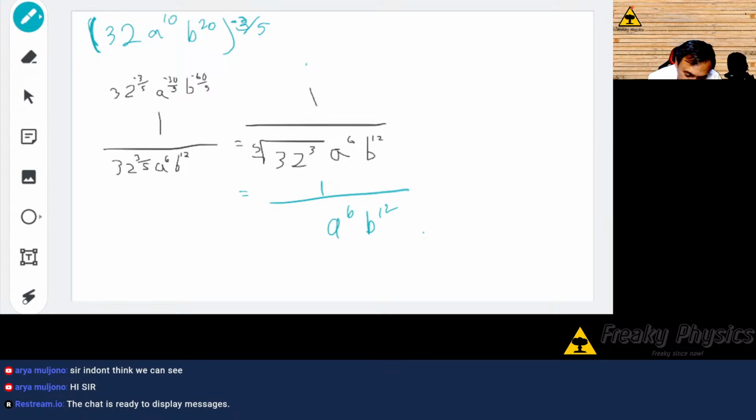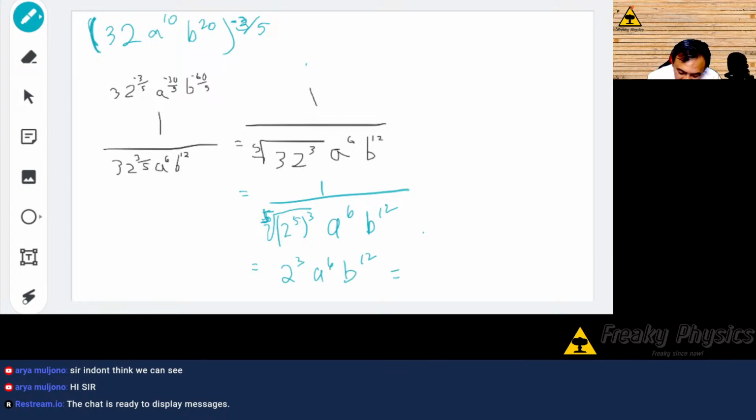Then 32 is the fifth root of 2 raised to 5, cubed, right? So this we can apply the shortcut now since we are familiar with what happens. That 5 and that 5 cancel out, right? So you're left with 2 cubed, and then it's 2 cubed a6 and 2 b12.